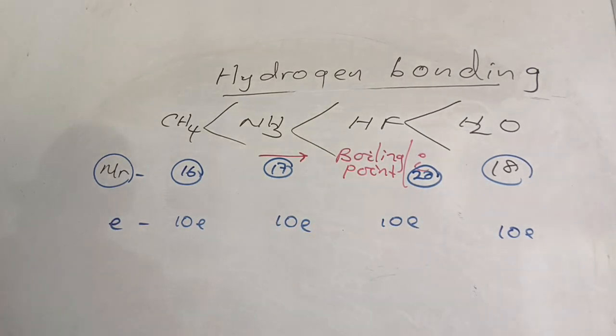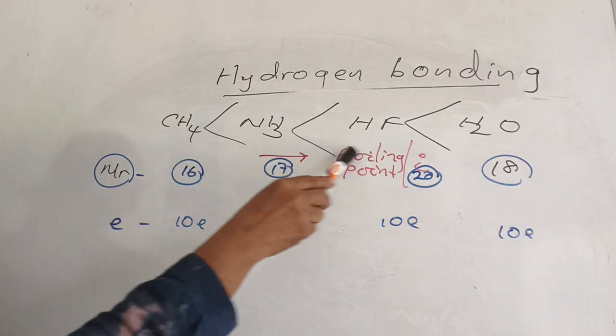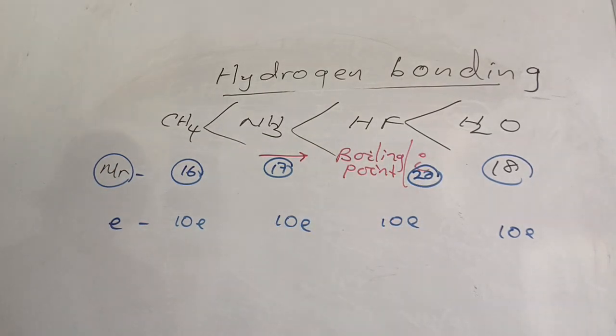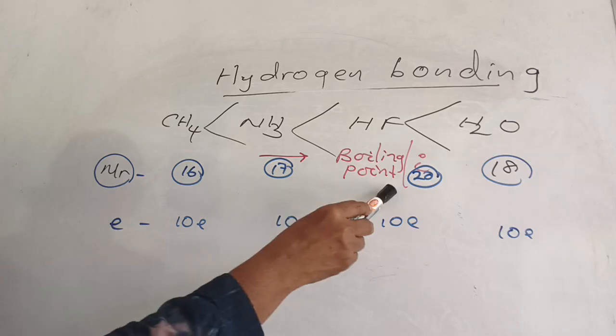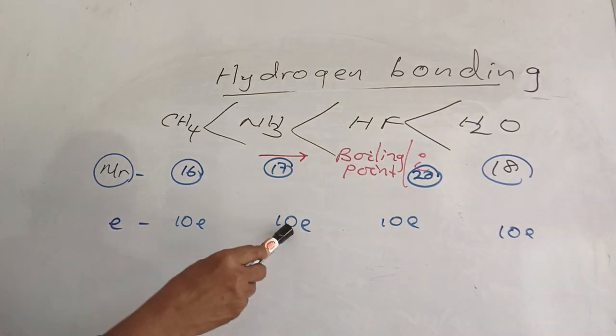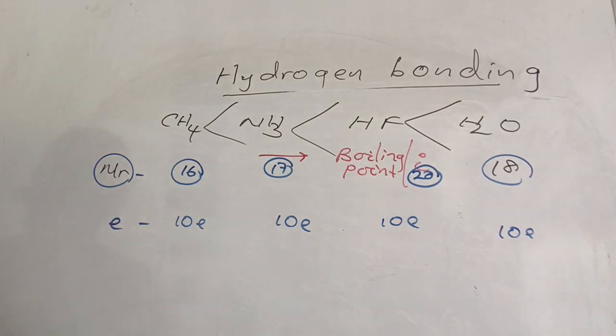You have seen questions where four different molecules are compared by their boiling points. To explain the difference in boiling points, we can say all these four molecules have almost the same molar mass, but the most significant point is that they have almost the same number of electrons.